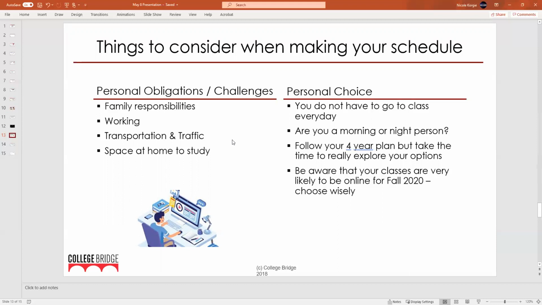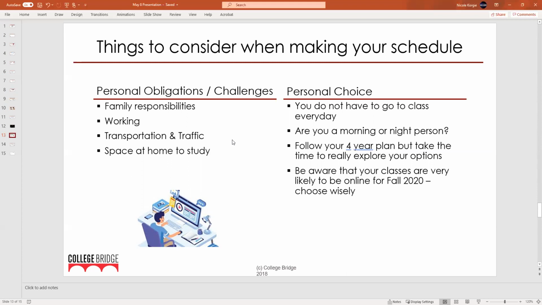The next is you want to follow your 4-year plan. We talked about that in the previous lesson, but really take the time to explore your options. When you are looking at general education classes especially, it will say something like, take one of the following, and you may have 25 or 50 choices.